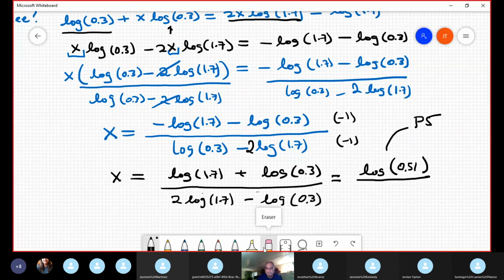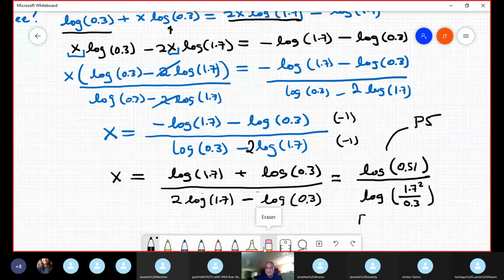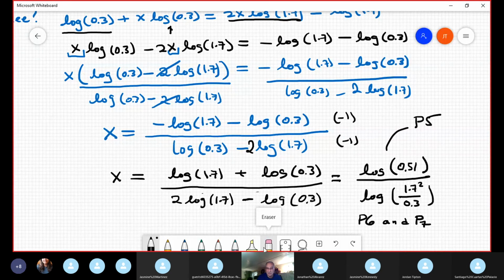And the bottom, log of what? This is minus, a division, so division of 0.3 and 1.7 squared, because I apply in this case properties number 6 and 7 together. Because this minus becomes a division, and for the 1.7, this exponent goes here like a power.